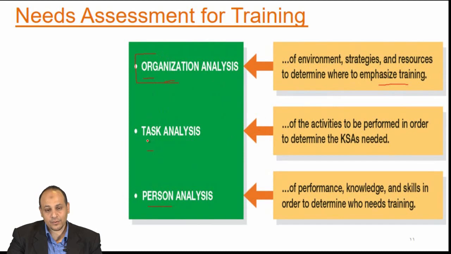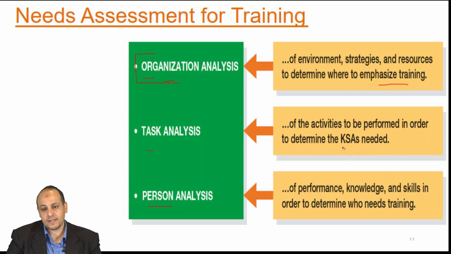Talking about the task, we talk about the skills, the level of competencies, and the knowledge itself that should be available for anyone who is handling this kind of job. So here, of any kind of activities to be performed in order to determine the key KSAs needed.